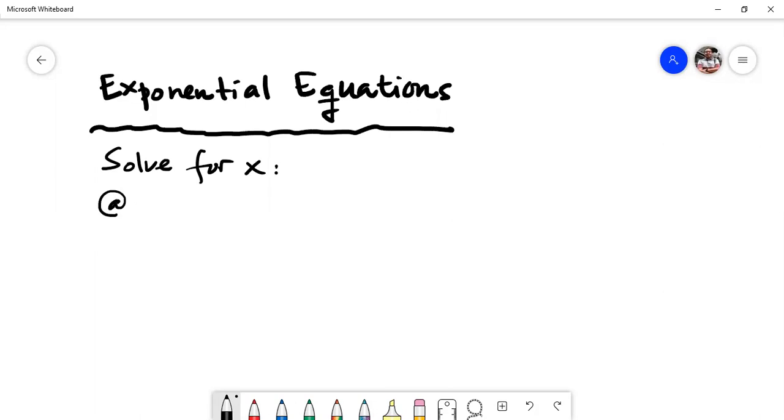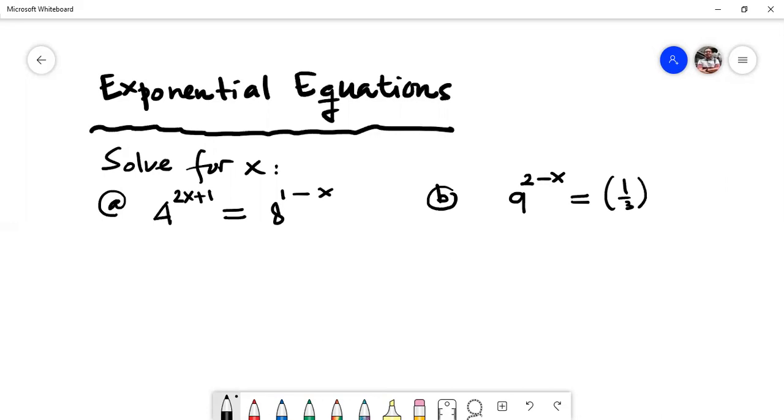This is the first question: 4 to the power of x plus 1 equals 8 to the power 1 minus x. Question B, we have 9 to the power 2 minus x, which is equal to 1 over 3 to the power 2x plus 1. We start with these two questions first.